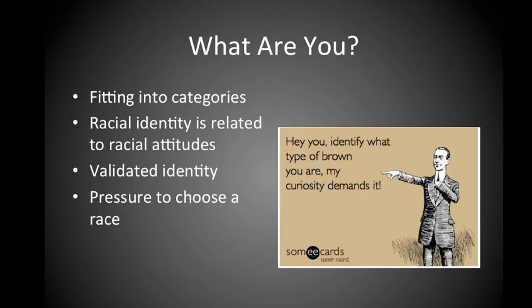Rockquemore and Brunsma argue that individuals cannot have a realized identity without others who validate that identity. Racial identity validation occurs when others accept a person's constructed racial identity as legitimate. It is likely to occur when there is a high concentration of biracial and multiracial people and where the multiracial individual finds community and support.